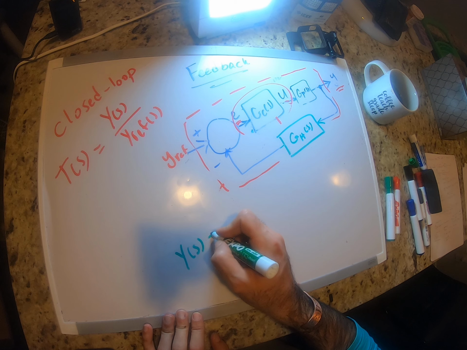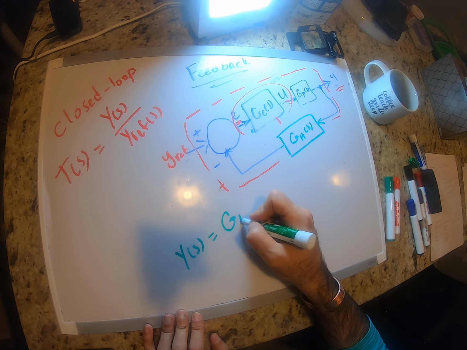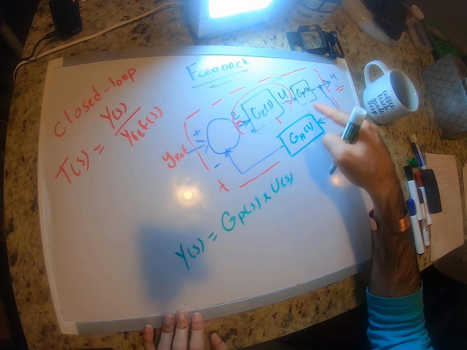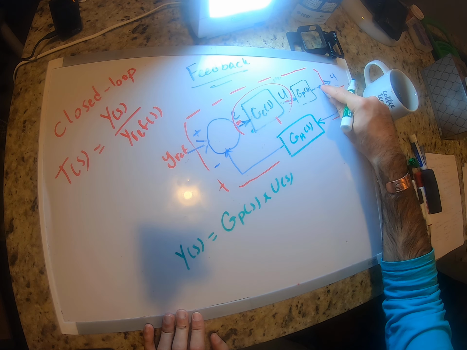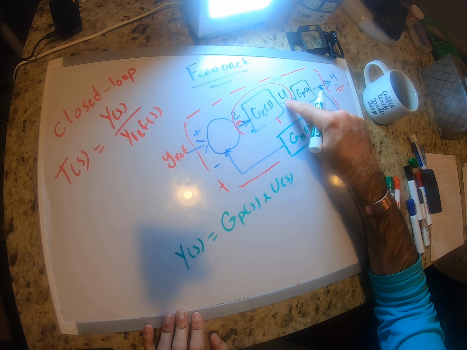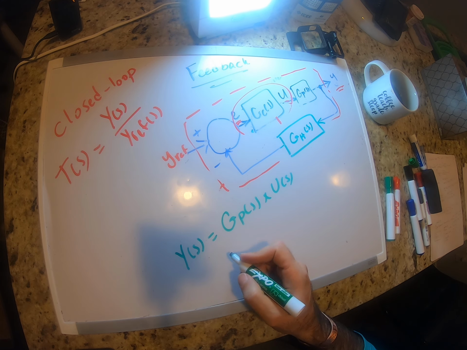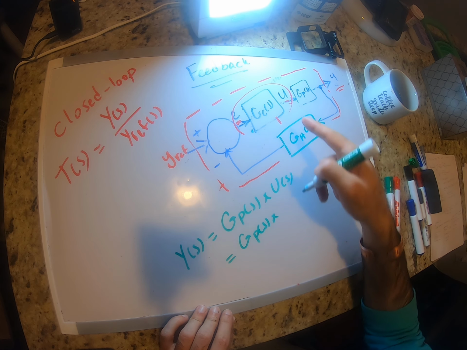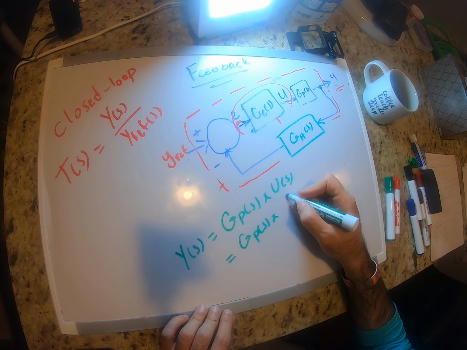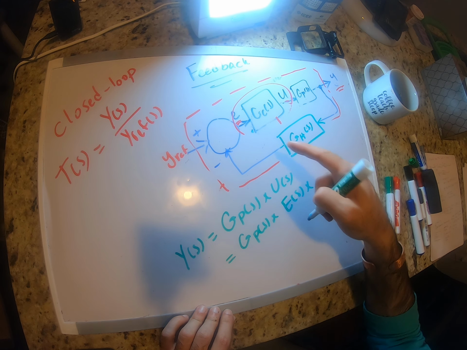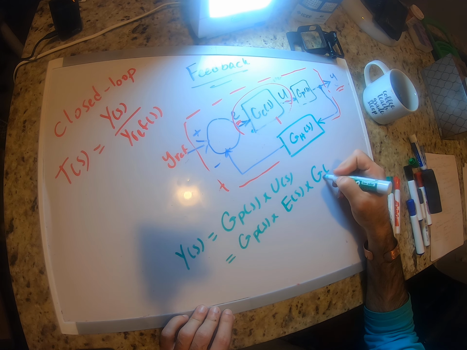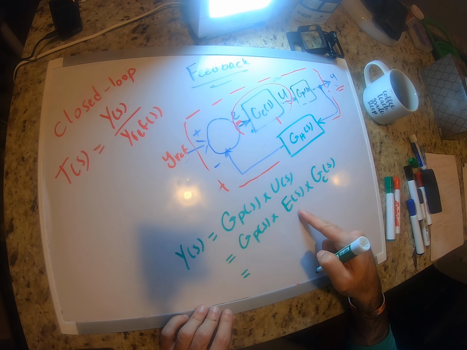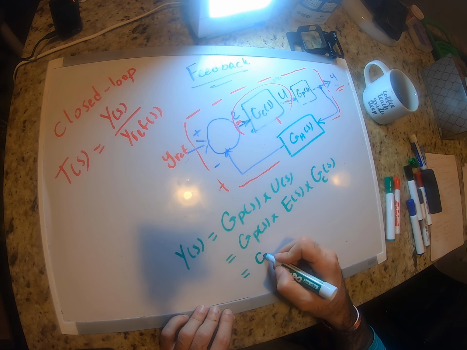Y(s) is equal to Gp(s) times U(s), right? So U itself is E(s) times Gc(s).